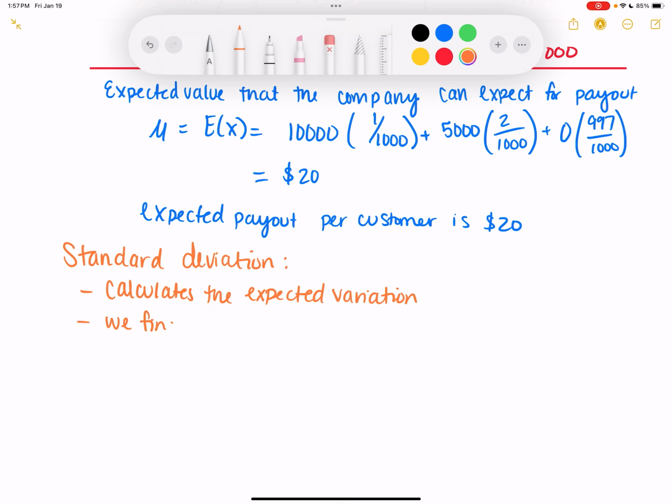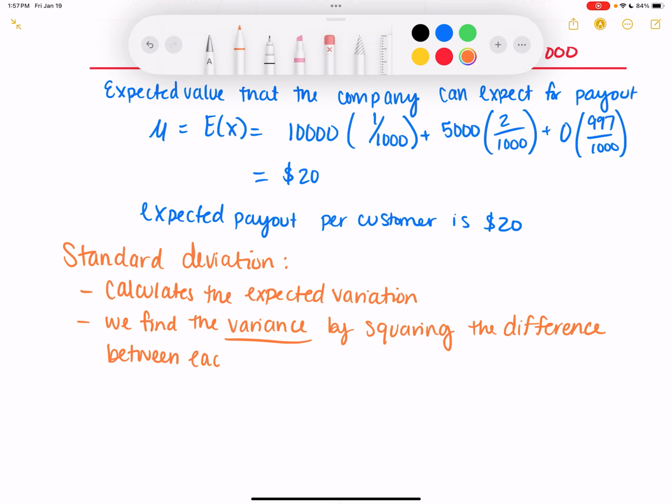We find the variance by squaring the difference between each outcome and the mean, which is expected.